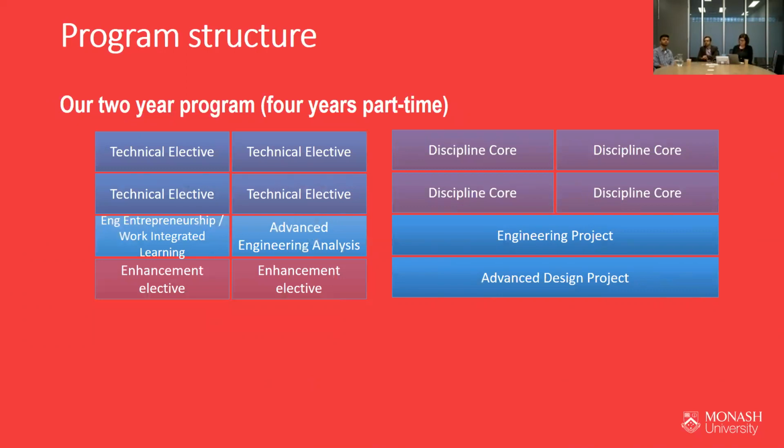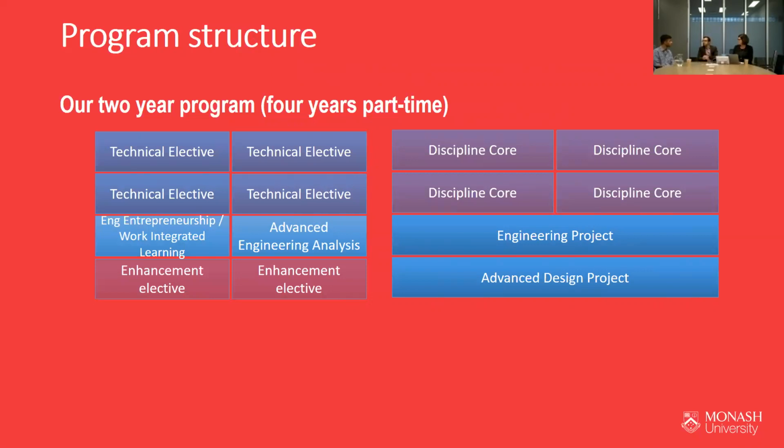These are meant to give you a very good experience in multidisciplinary teams of working on an engineering problem that requires an engineering solution from a team of engineers from different backgrounds.